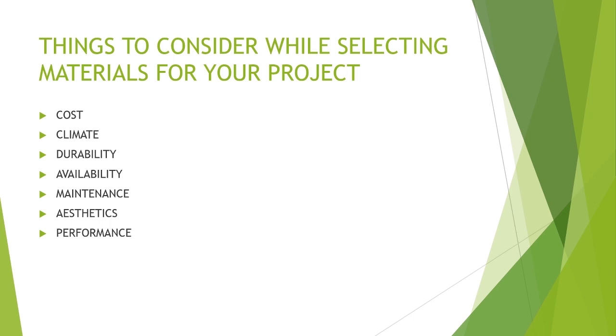Now the last one we'll be looking into is performance. Right, and this is basic, this is one thing you don't want to joke with, because we must get materials that can sustain and transmit effectively the loads of the building.